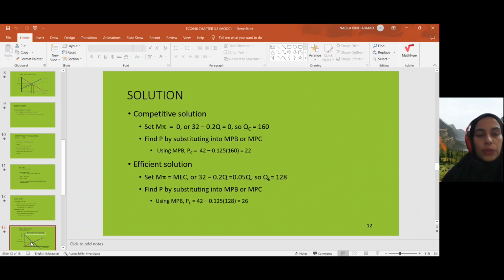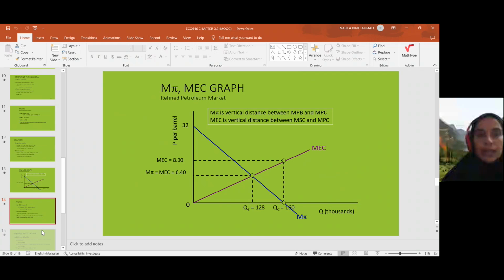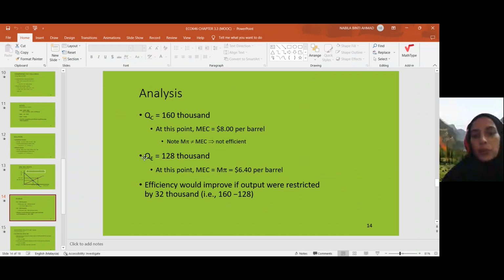All right. So here, what we can say is marginal profit is a vertical distance, and MEC is a vertical distance here, right? And for the analysis, efficiency would improve if output were restricted by 32,000. So we subtract 128,000, the efficient one, from 160,000, the competitive one, and we get this, right?